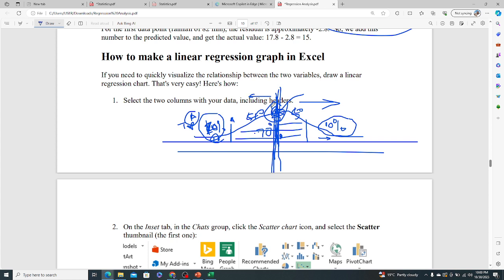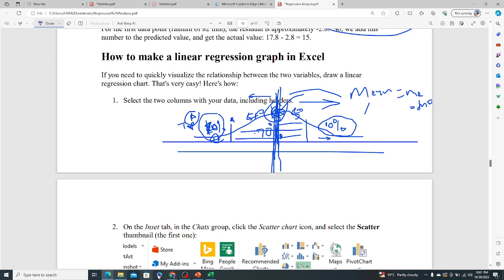Whenever we have a perfect normal distribution, we usually say mean is equal to median is equal to mode. That is for a perfect normal distribution.